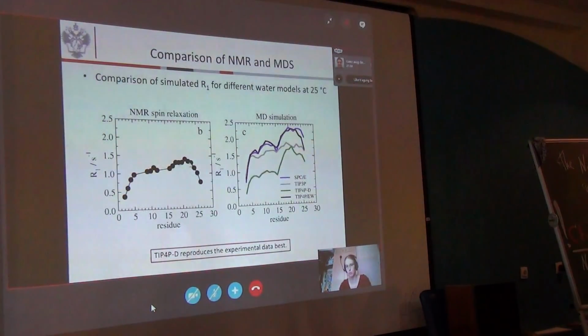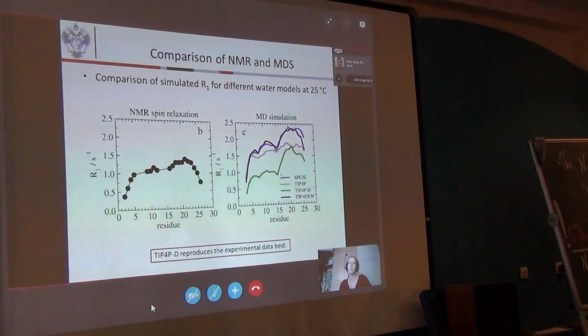So you have these 2 parts, and here we see the relaxation rates from MD simulations for all 4 different water models. And you see that the classical water models all produce relaxation rates that are too high, much higher than found experimentally. So the new water model TIP4PD reproduces the experimental data best.